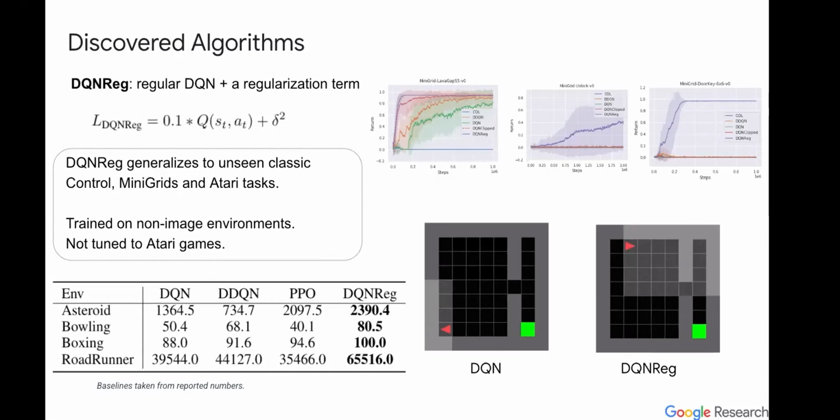And we show that DQNReg, although it is trained on some simple environments, generalizes to a lot of different environments. For example, it does pretty well even on Atari games, even though it's not trained on any of these image environments.